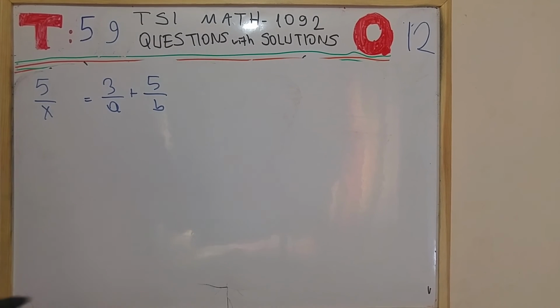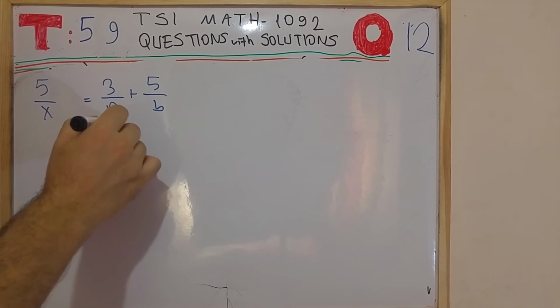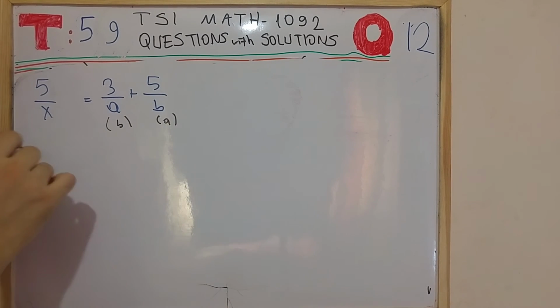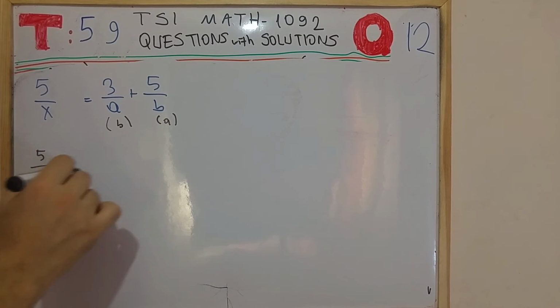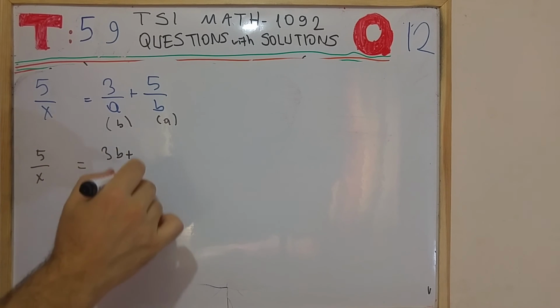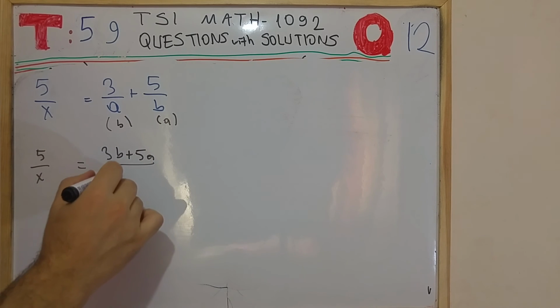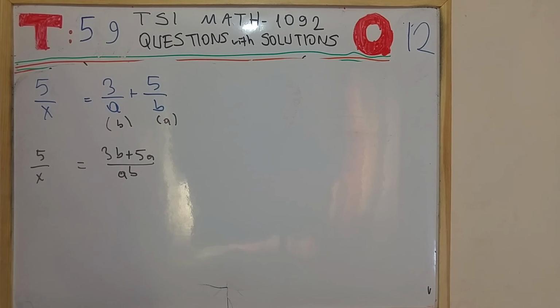I'm looking for x, so let me equalize the denominators first. What I have is 5 over x is equal to 3b plus 5a over ab. Now what I need to do is to leave x alone.